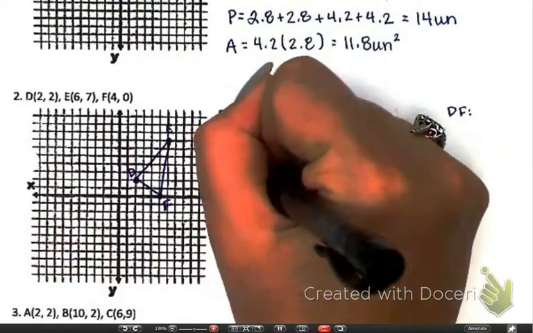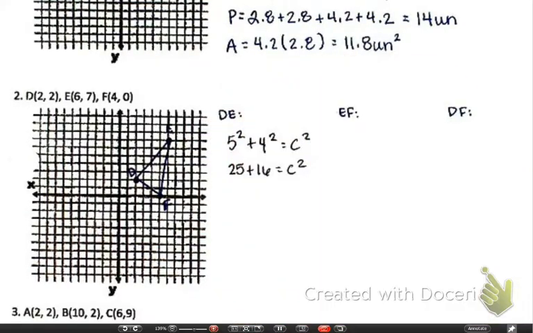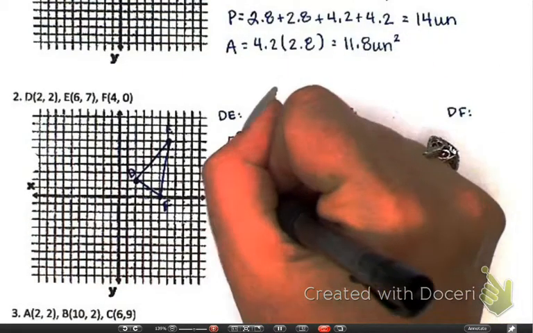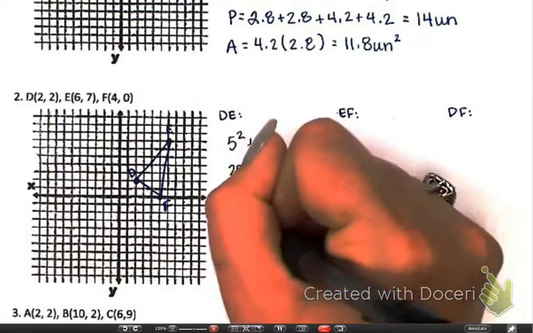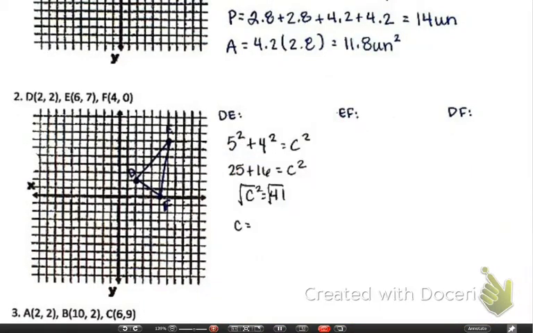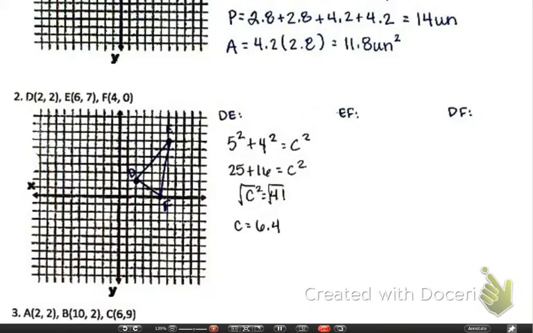So 25 plus 16 equals c squared. So you get c squared equals 41. And when you take the square root, what is the length of DE? 6.4? Someone confirm that? Okay. Someone other than Sophie. For EF, how many did we go over?